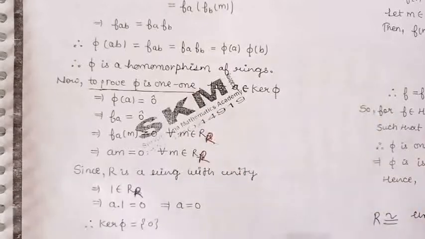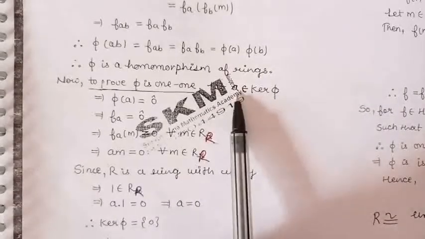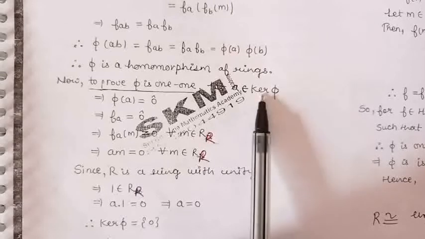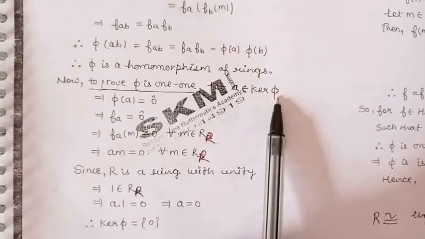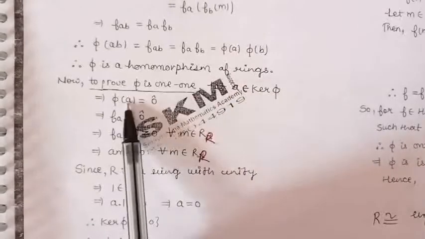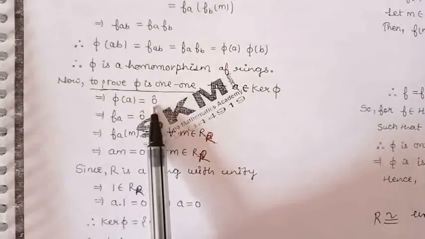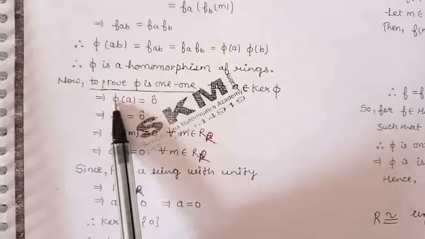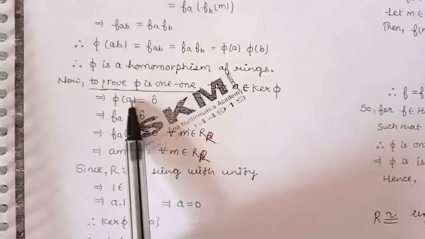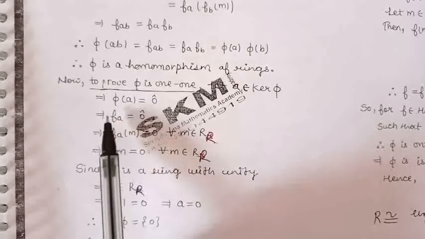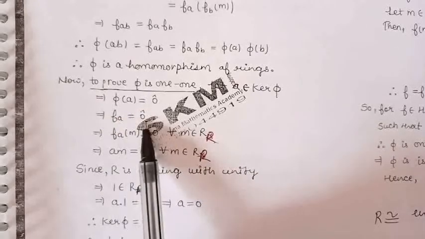So let us take an arbitrary element a belonging to the kernel of phi. By definition of kernel of a homomorphism, the image of element a under the mapping phi will be 0. Now by definition of mapping phi, phi of a is the mapping f_a. So we can say that the mapping f_a is the 0 mapping.